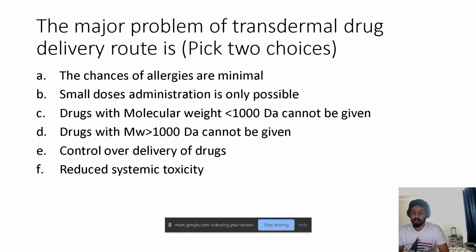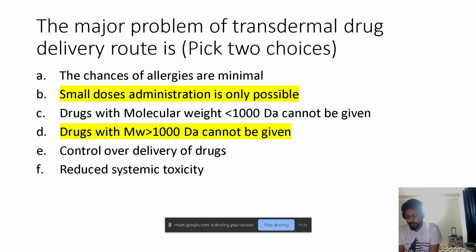So they're asking us to pick major problems, right? Most of these seem like pros. So reduced systemic toxicity would not be a major problem. Control over delivery, yeah. Okay. Option B and D. Yeah, small dose administration is only possible, and drugs that are larger than 1000 daltons cannot be given. Correct. Okay.